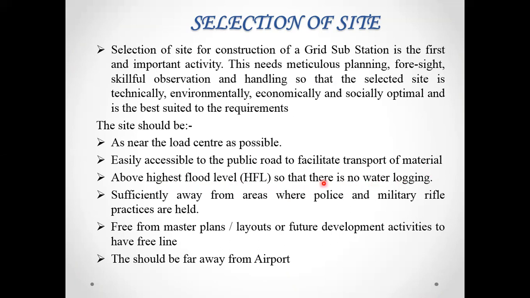Otherwise, when the rain comes and the flood occurs, we will not have the chance of distributing the electricity. It should be sufficiently away from the areas where police and military rifle practices are held, because fire chances may happen. Then it should be free from master plans and layouts or future development activities to have free lands.